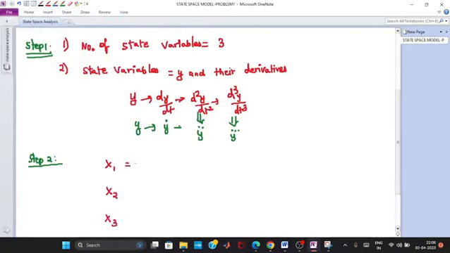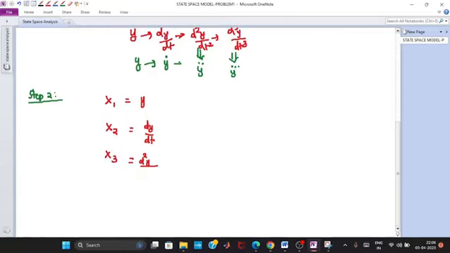You can write y as x1 and dy by dt as x2, that is derivative 1, and the second derivative d square y divided by dt square as x3. Can I call it like this? x1 equal to y, x2 equal to dy by dt.